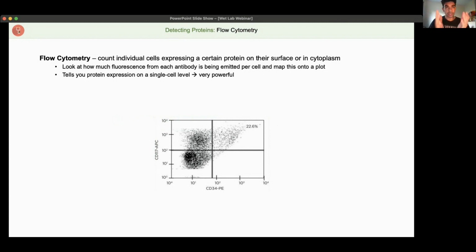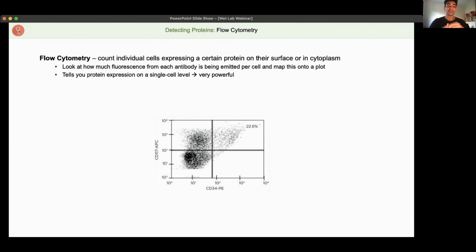If you're looking on the surface of the cell, you can actually keep the cell alive because all you have to do is add the antibody to it. It's not as simple as that, but in general terms. So you can actually use live cells for flow cytometry, which was one of the questions in the previous quiz.